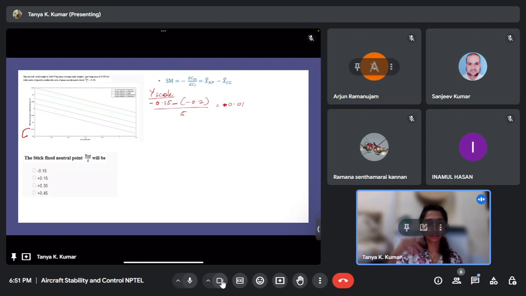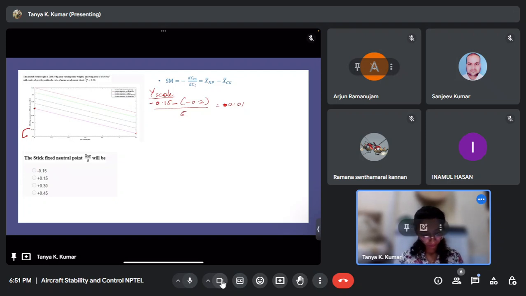So each division on the y-axis is 0.01, right? So now you find out the slope. I'm taking the last line, the pink line that corresponds to 5-degree down elevator deflection. I'm taking 2 points, this point and this point.